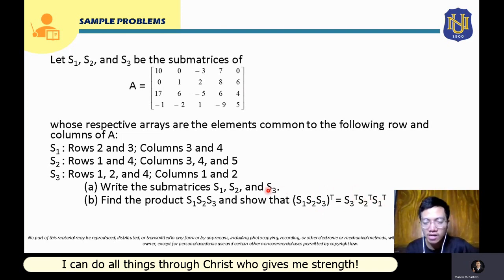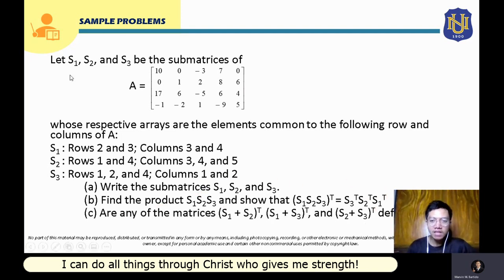This is actually the fourth property of the transpose of matrices, so we will prove it. And for letter C, the question is, are any of the matrices (S1 plus S2) transpose, (S1 plus S3) transpose, and (S2 plus S3) transpose defined? So we will start solving this.